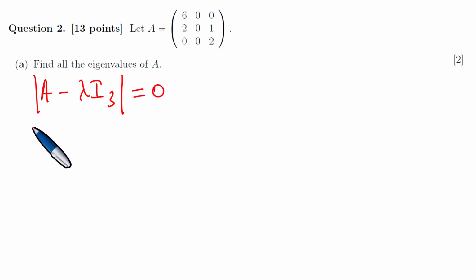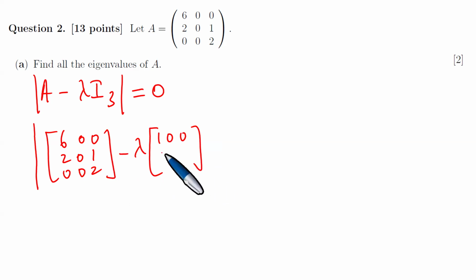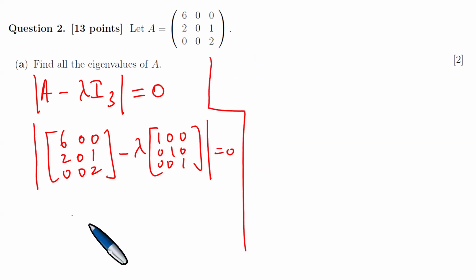At this point, we find the determinant of the matrix A, which is 6, 0, 0, 2, 0, 1, 0, 0, 2, minus lambda times I3. The I3 contains zeros with ones along the main diagonal, like that. And we then continue to analyze these.